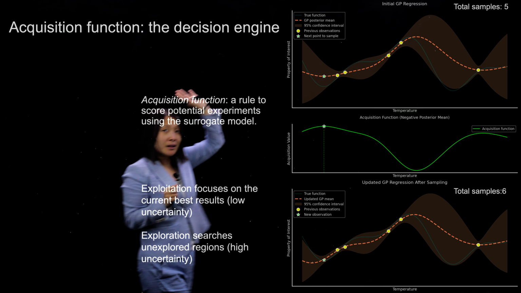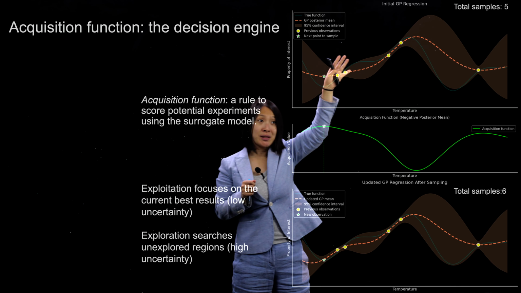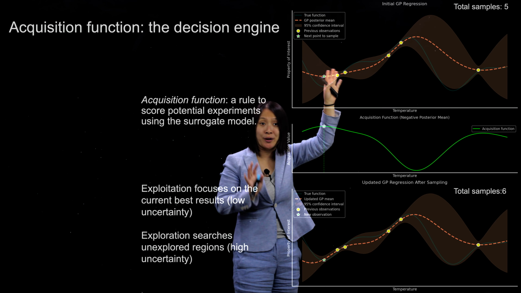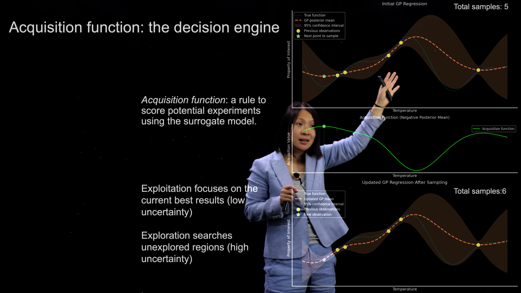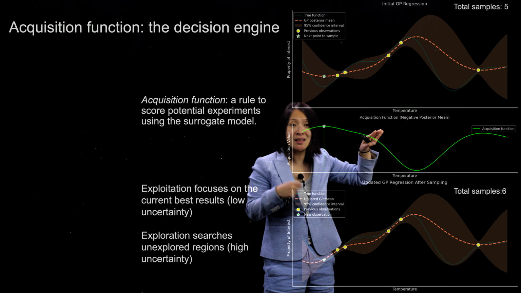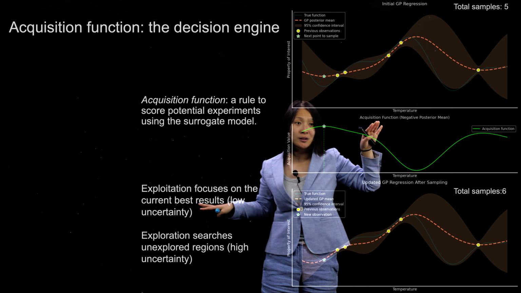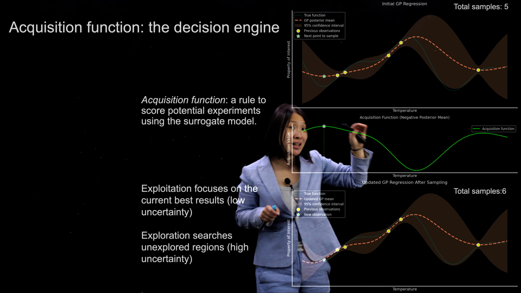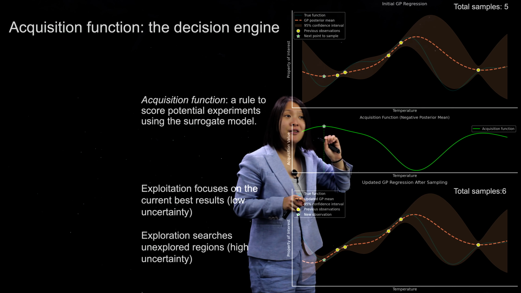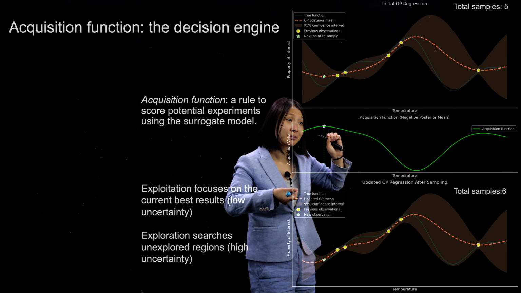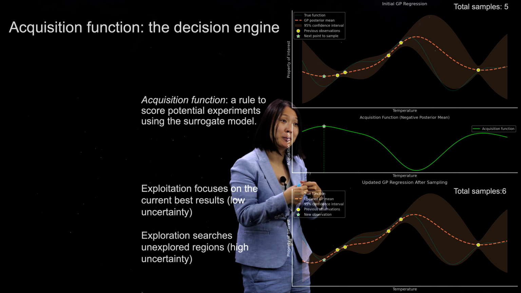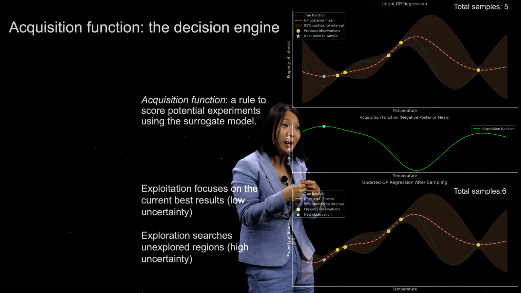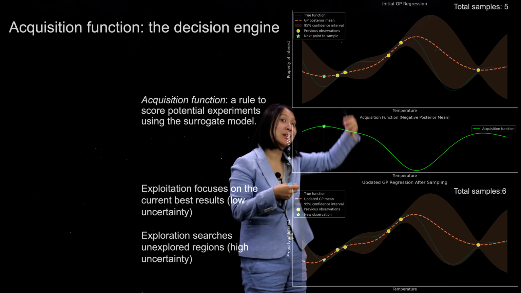On the top of the slide, you see the Gaussian process regression model after we sampled 5 points. Maybe the first attempt is, let's ignore the uncertainty, and just have an acquisition function that samples the conditions with the smallest possible posterior mean, or the smallest possible property of interest from our current understanding.